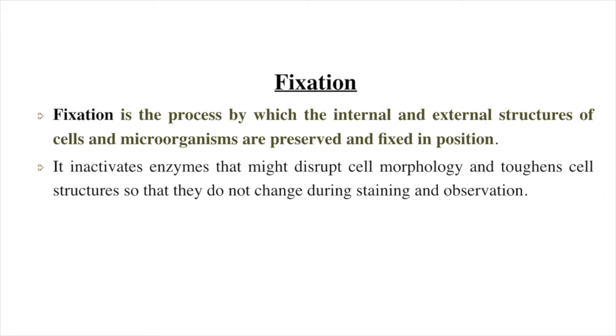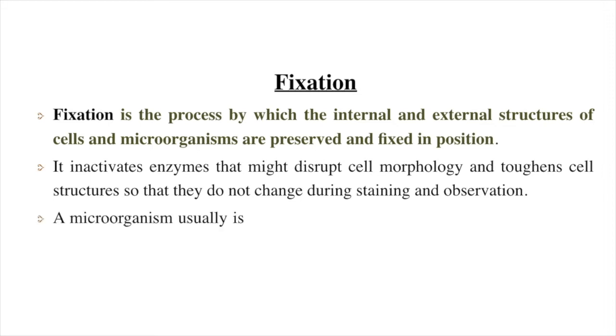Another important role of the fixation process is that it inactivates the enzymes that might disrupt the cell morphology. Some enzymes disrupt the cell morphology. The fixation process inactivates those enzymes and toughens the cell structures. So the cellular structures are toughened and cannot change during the staining and observation.